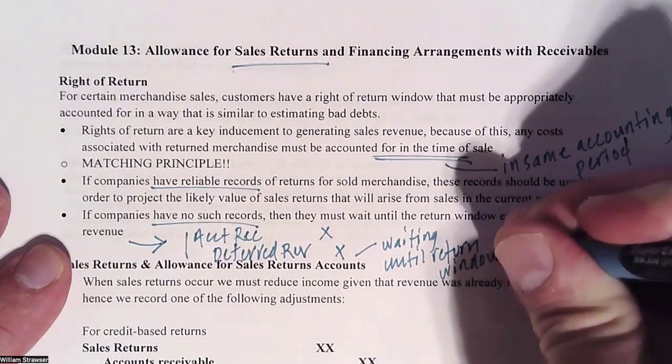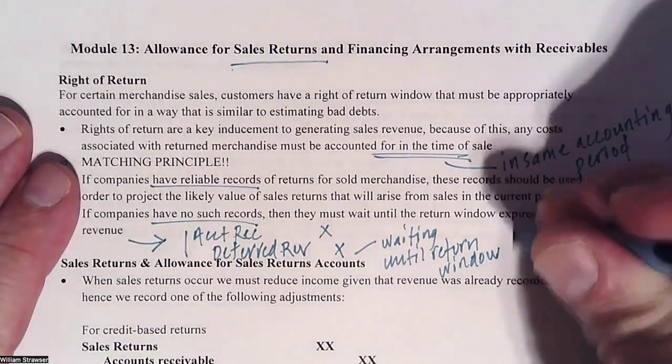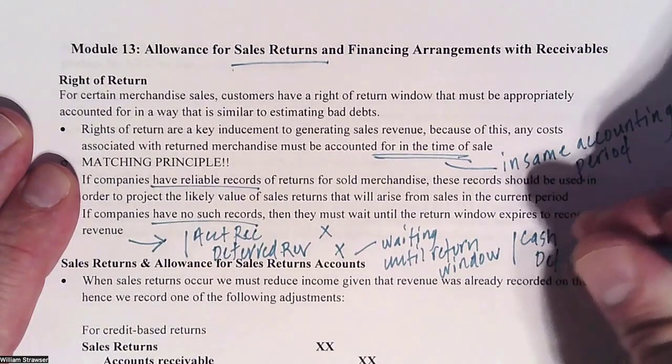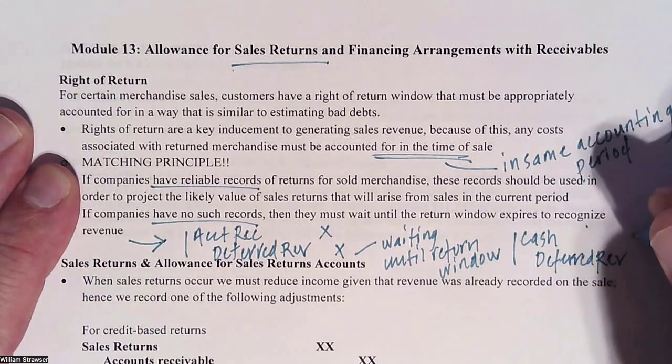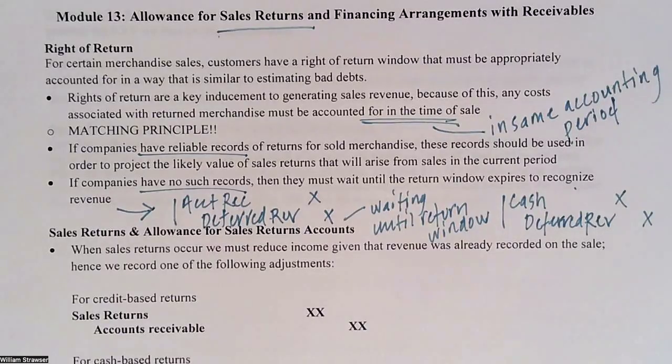If they do return the merchandise, then we can debit deferred revenue, credit the account receivable, just flip it. Of course, this would be the same thing with a cash sale. If we sold something for cash and we didn't have data about the return window on that item, then we would wait to record the revenue until the return window expired. So either way, it's a matter of deferred revenue, an obligation that we have to wait until that return window expires. So let's focus on having that accounting data, that historic data that allows us to estimate sales returns.